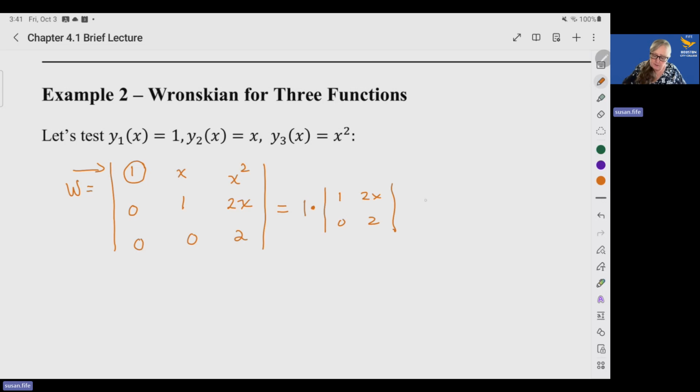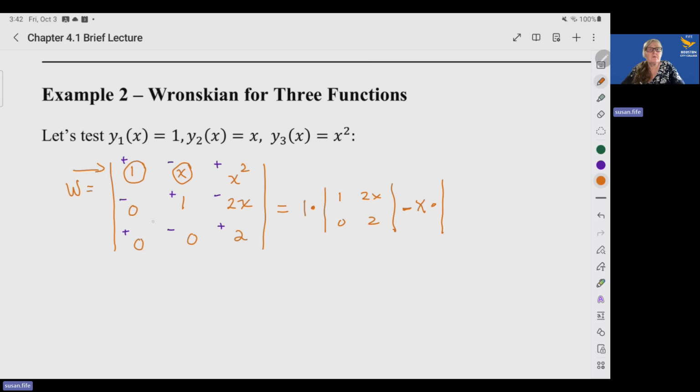And then the next term is going to be a negative. Each place has a sign plus or minus, starting with plus in the upper left. So that second term is going to be a minus. Now I'm at the x. And I'll take away the first row and the middle column.